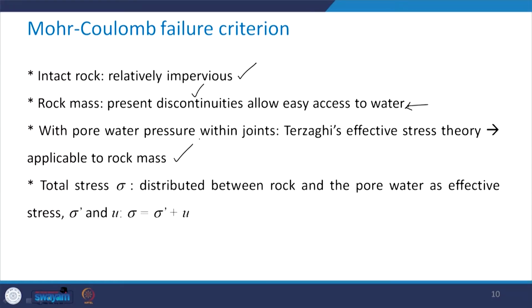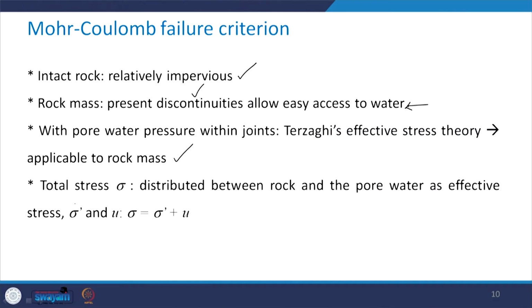So, what this theory suggests is that the total stress is distributed between the rock and the pore water as effective stress sigma prime and u. That means whatever is carried by the rock is sigma prime, and the pore water pressure is u.